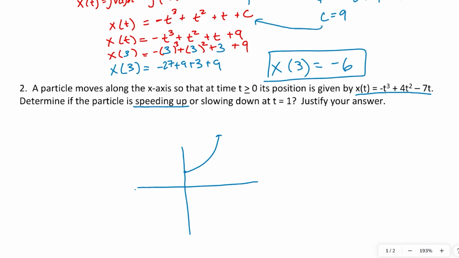In this case, we know the acceleration is positive. But what if I had something like this? Let's see here. I want negative. So, okay, so something like this.